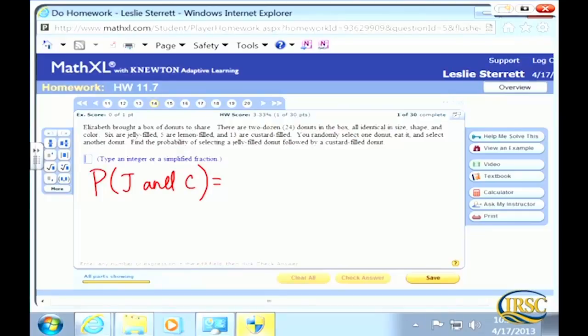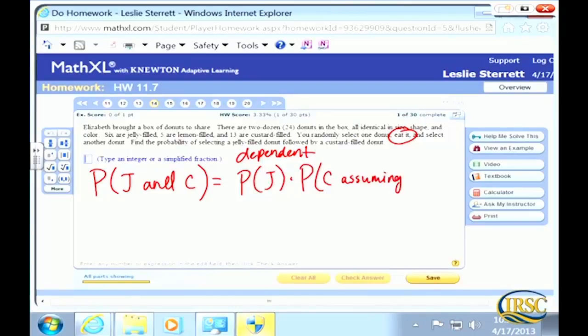Okay, so these are dependent events. And you know this because you select it and you eat it. You didn't pick it up and put it right back down, which you shouldn't do anyway, right? Because then you've touched the food. All right, so you're going to find the probability of a jelly times the probability of a custard, assuming a jelly was eaten.